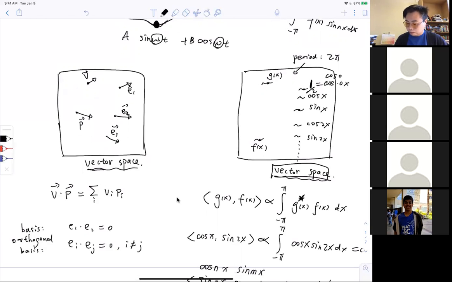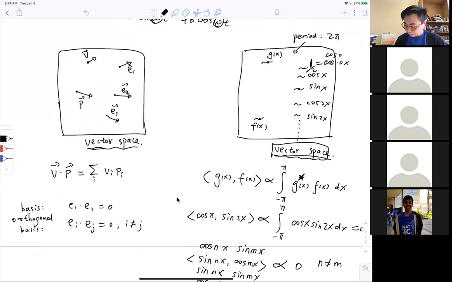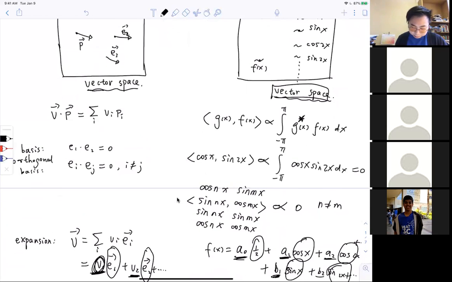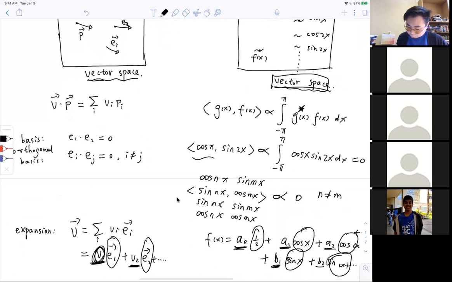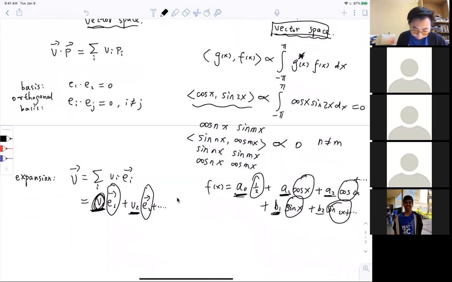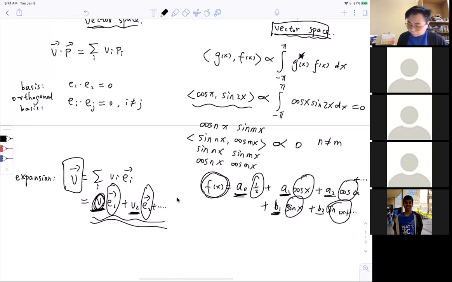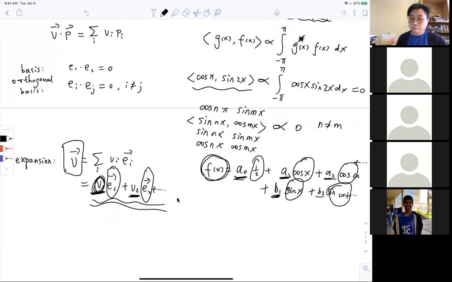You can write down all the sine and cosine functions. And under this kind of inner product definition, they are also orthogonal to each other. And similar to what we did in the vector space, we can write a vector in terms of this kind of form. We can also write any periodic function using the basis.